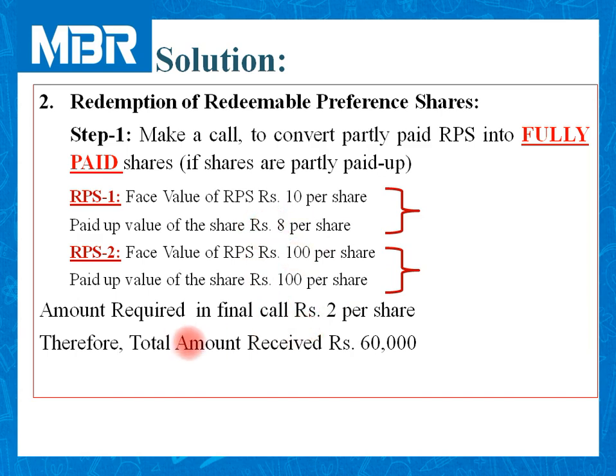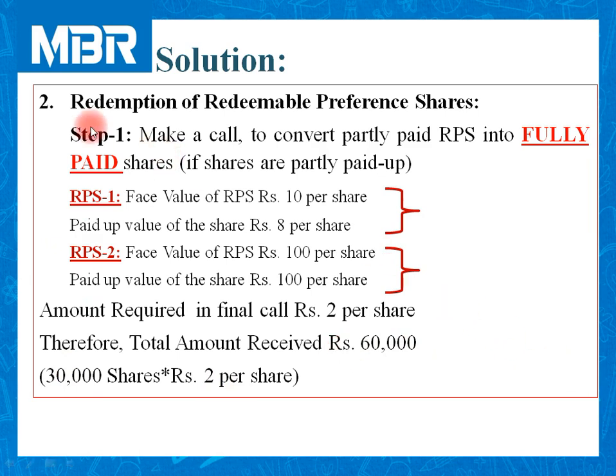So 30,000 shares multiplied by rupees 2 is equal to rupees 60,000.